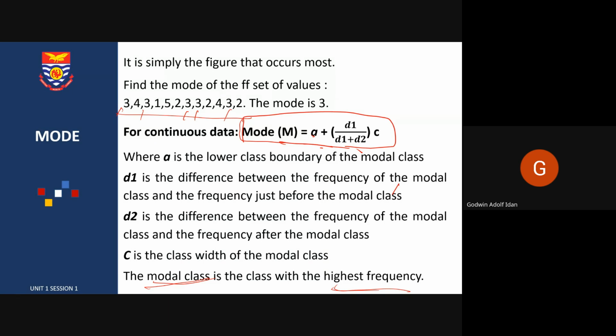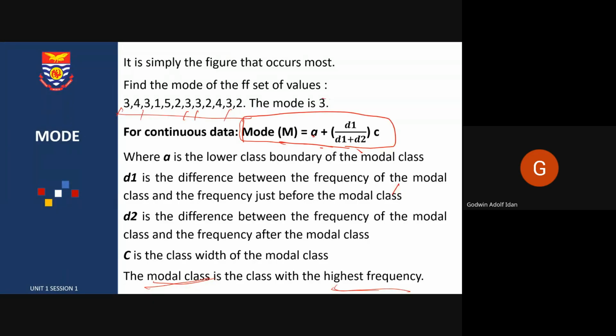Let me quickly add that for ungrouped data, you can sometimes also have more than one mode, which simply means that two or three values may be occurring the same number of times, and those represent the modes. So let's take note of these developments.